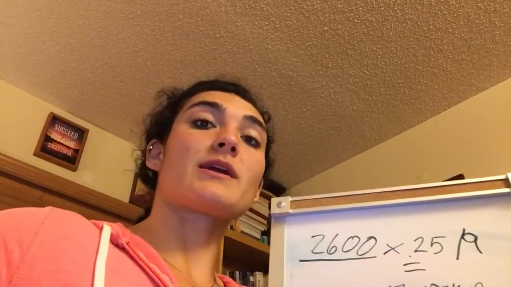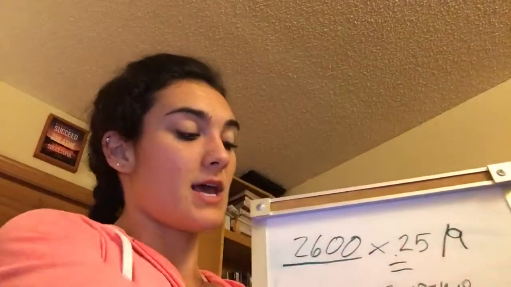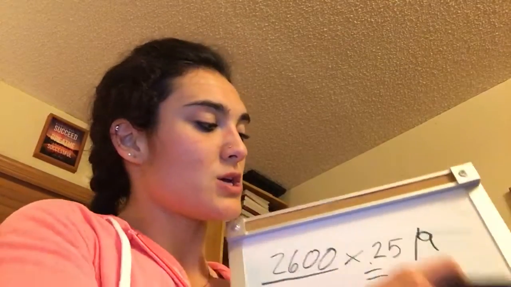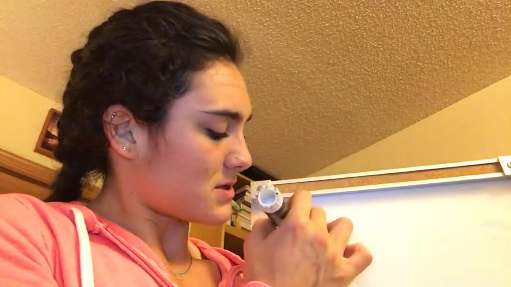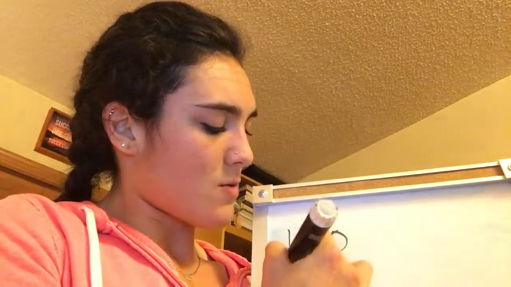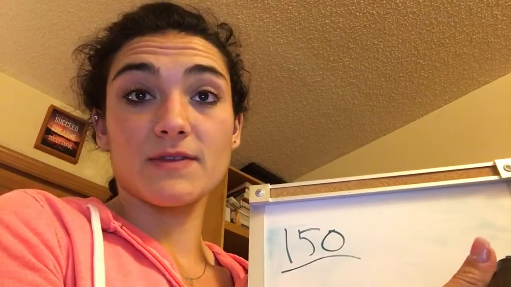Now lastly, we're going to hit the protein and how much protein you should have a day depending on your body weight. So we start with how much I weigh, which actually this time we can do it in pounds. Say I weigh 150 pounds.